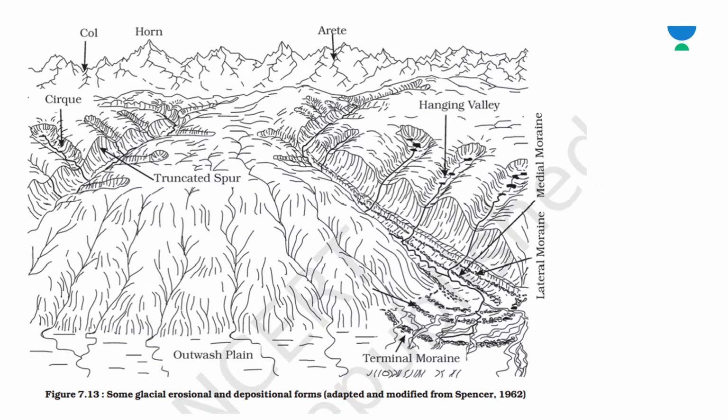The picture is also given in your NCERT, you can check the forms: horn, cirque, hanging valley, truncated spur, terminal moraine, outwash plain, medial moraine and lateral moraine.